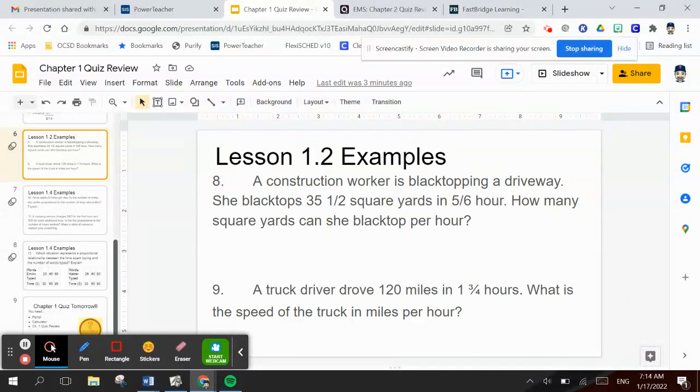So number 8 says a construction worker is blacktopping a driveway. She blacktops 35 and a half square yards in 5/6 of an hour. How many square yards can she blacktop per hour? So in 1 hour. So to find 1, I would have 35 and 1/2, and I would divide that by 5/6.